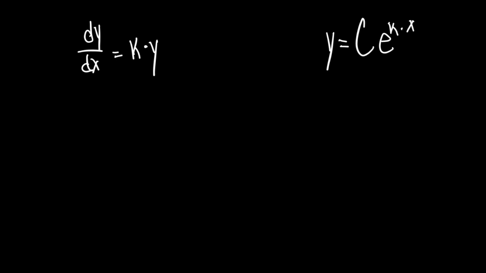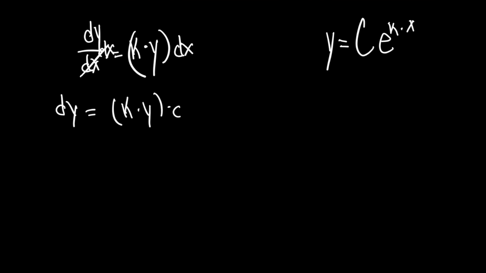We know this is true because if we solve this differential equation, we will get this general solution. We can do this by separating variables. So we multiply both sides by dx, so we can cancel the dx on the left side and the same on the right side. We're left with dy equal to k times y times dx.